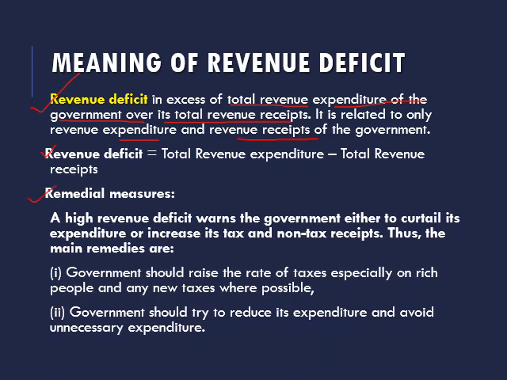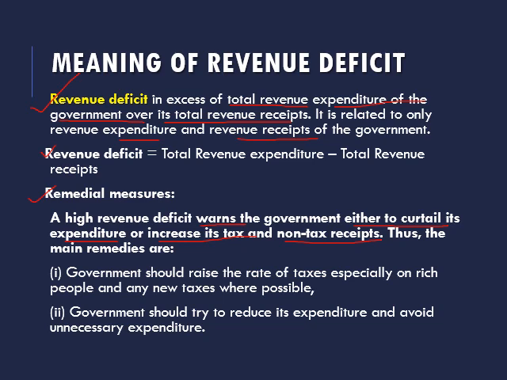Remedial measures for this revenue deficit. A high revenue deficit warns the government either to curtail its expenditures or to increase its taxes or non-tax receipts. These are the remedies for this revenue deficit.